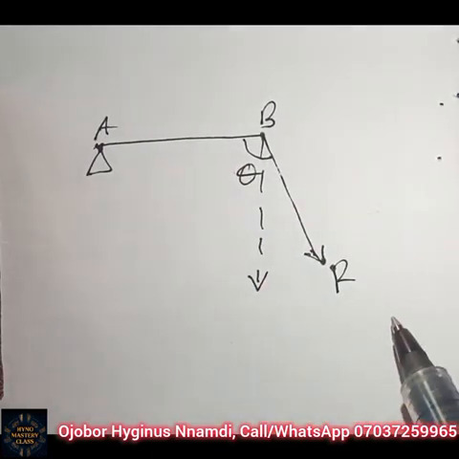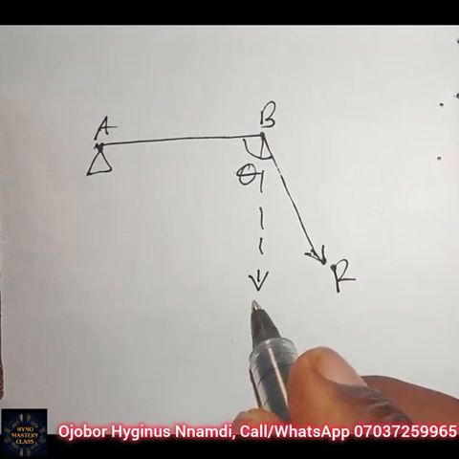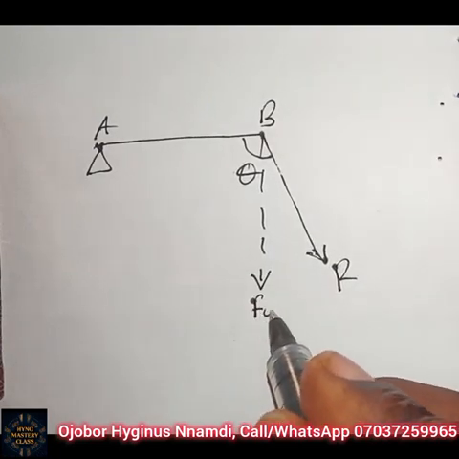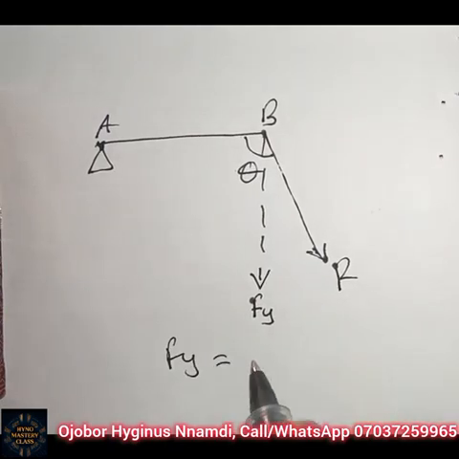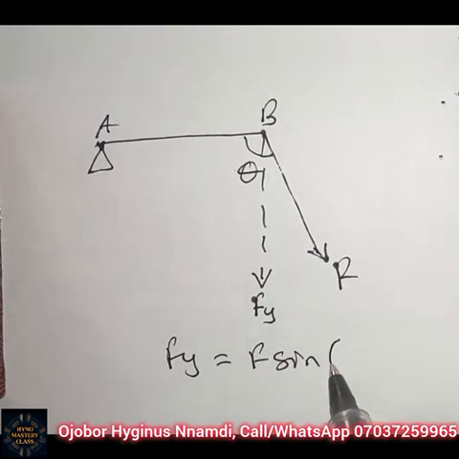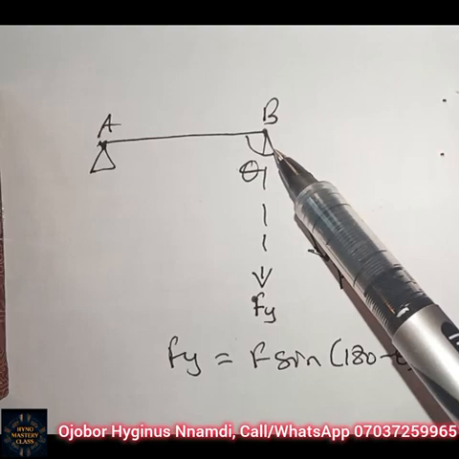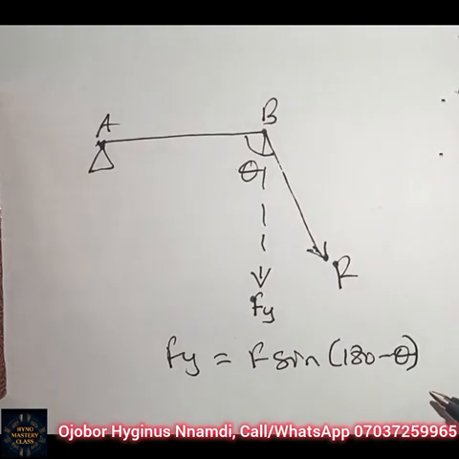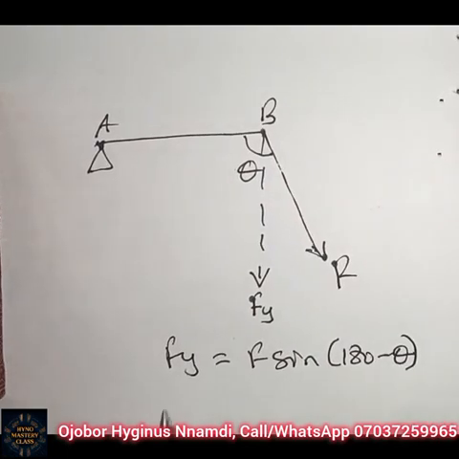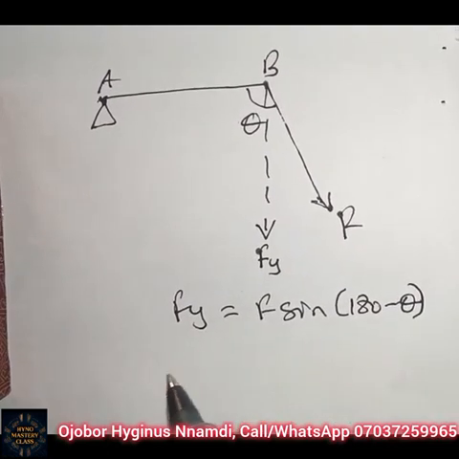So Fy is going to be equal to F sine 180 minus theta. If the angle is more than 90 degrees, it will be 180 minus theta. If the angle is less than 90 degrees, it will be theta. There is a mathematical proof of that, but that is not our concern now.